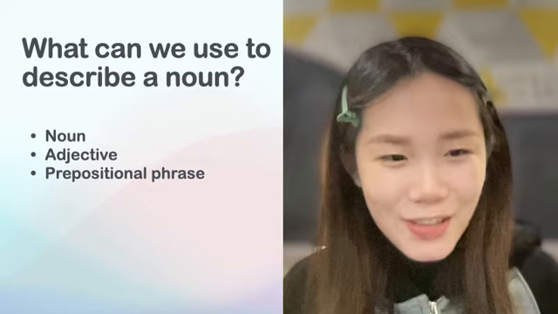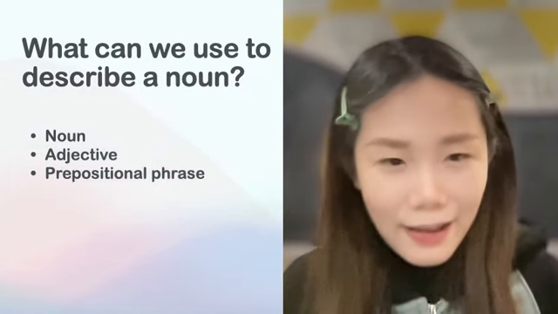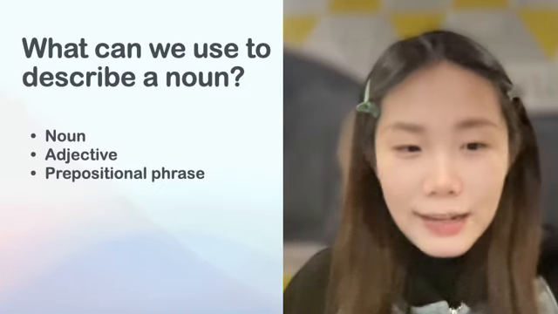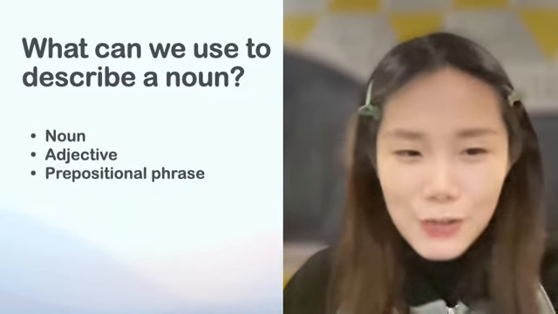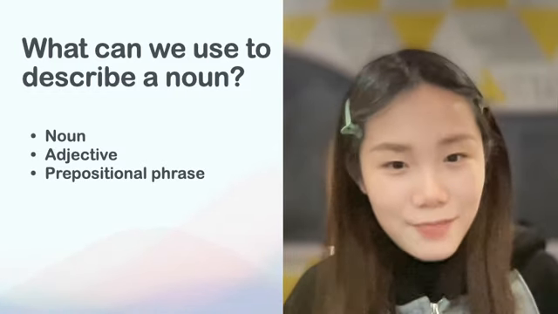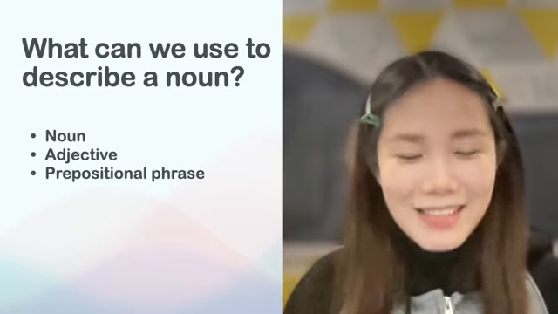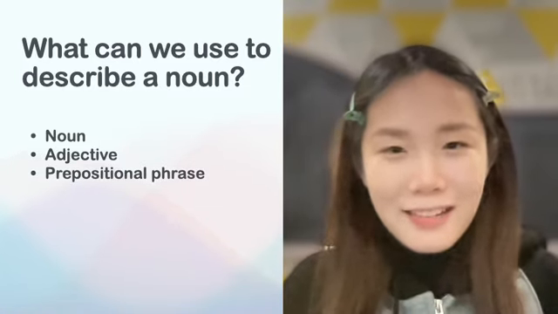Okay, a delicate doll. And for the second line, you will need to add a prepositional phrase to describe it, like a delicate doll in the closet. All right, just like that. And you have 1 minute to create for yourself.